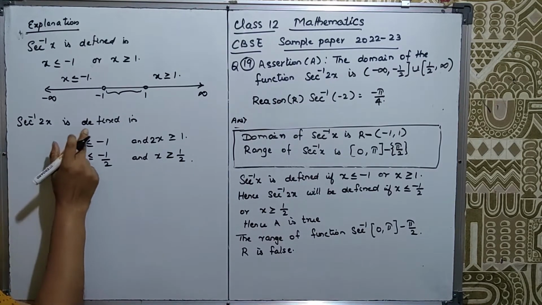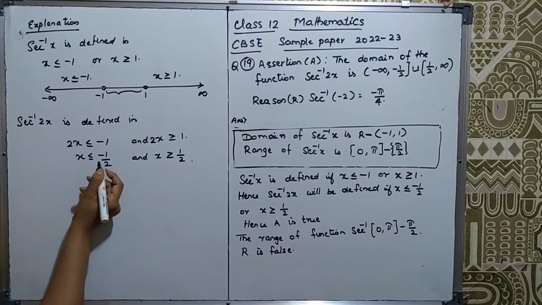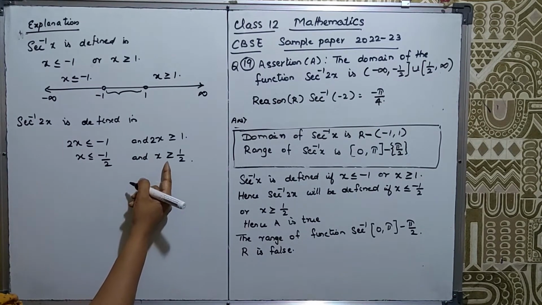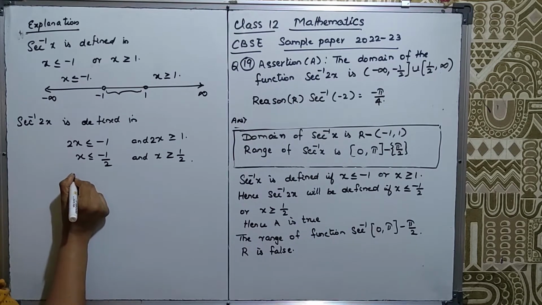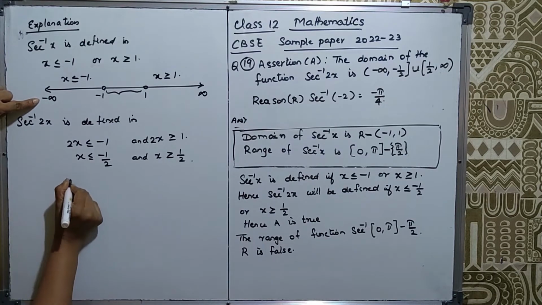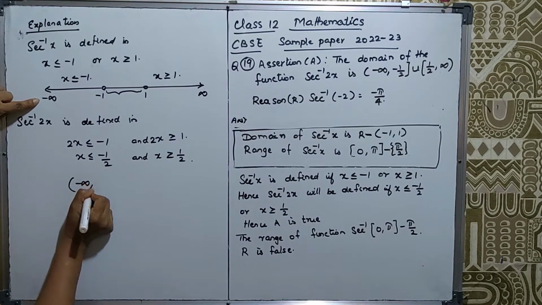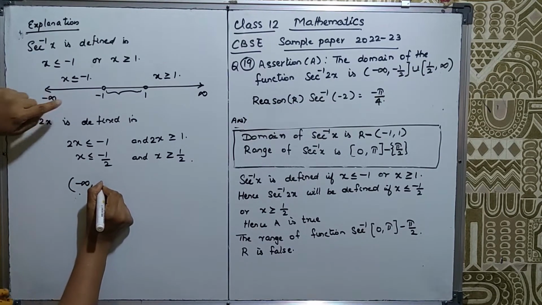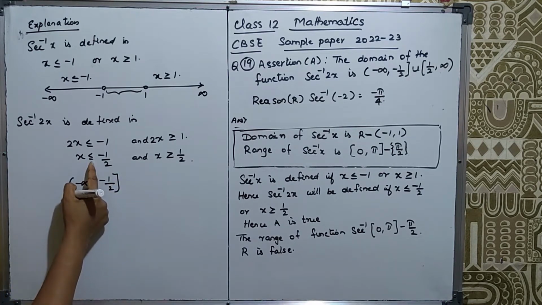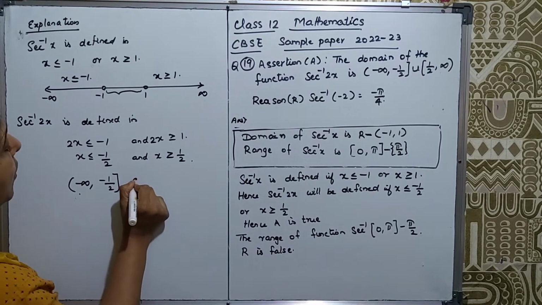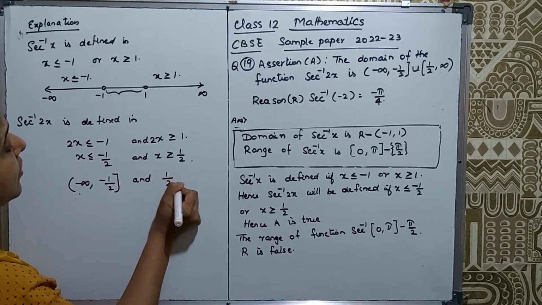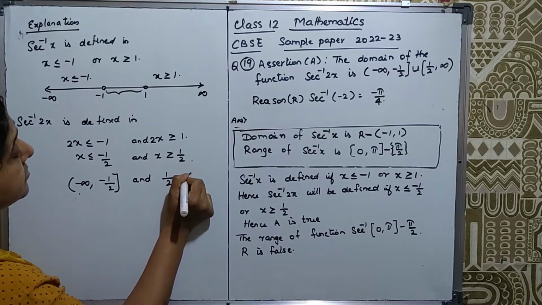So sec inverse 2x is defined in x less than or equal to minus 1 by 2 and x greater than or equal to 1 by 2. That means all the values from minus infinity, with an open interval, to minus half, including minus half, and all the values from plus half to infinity.